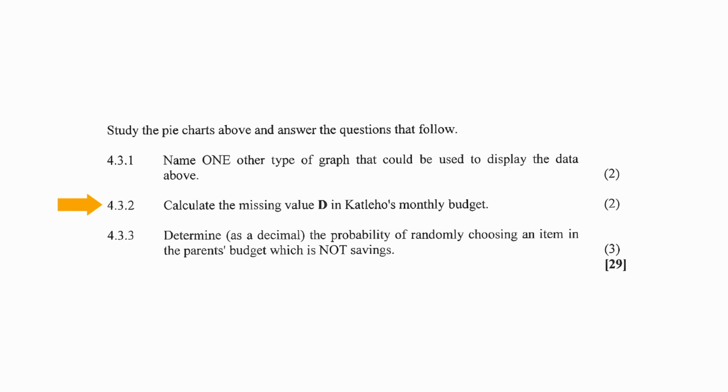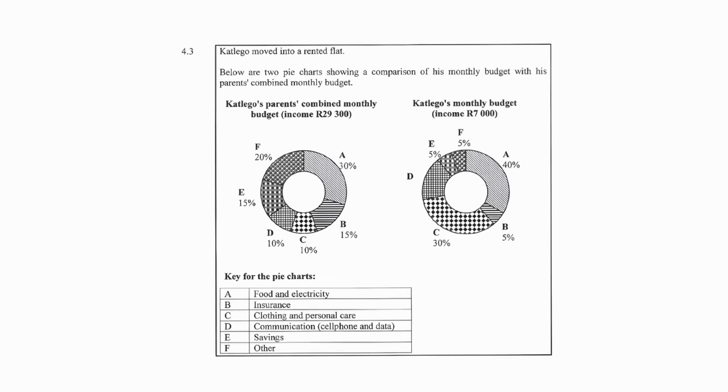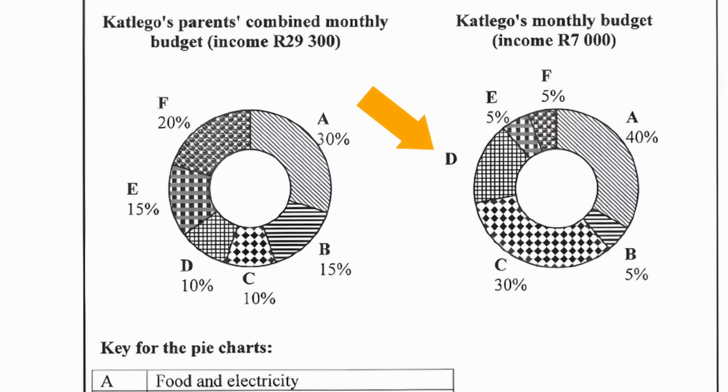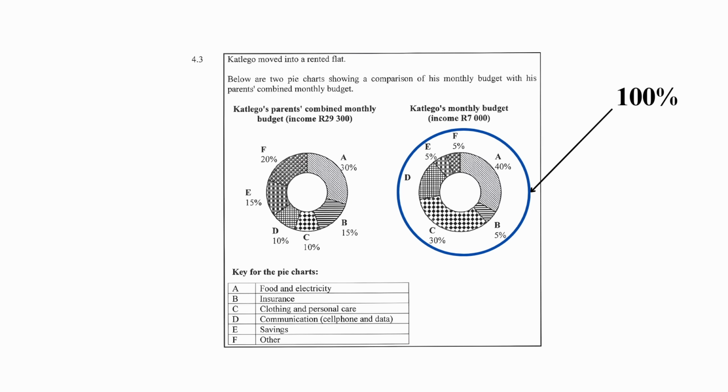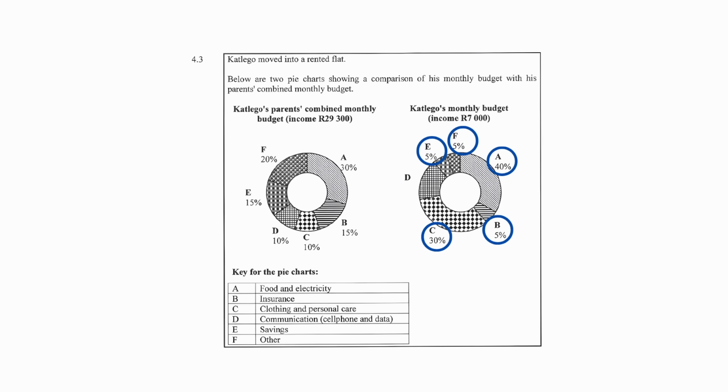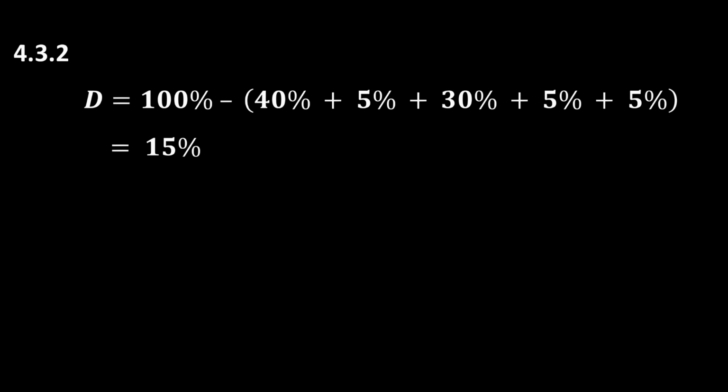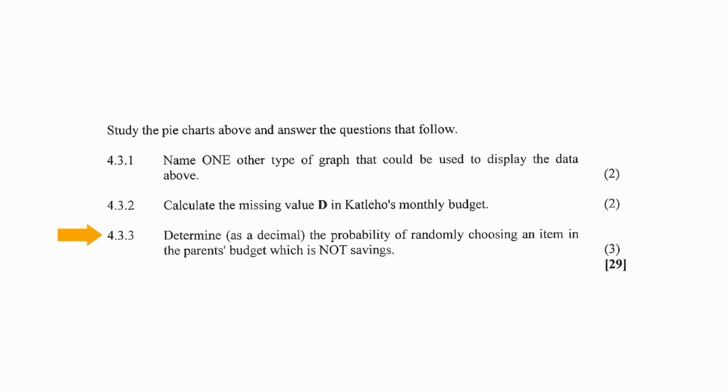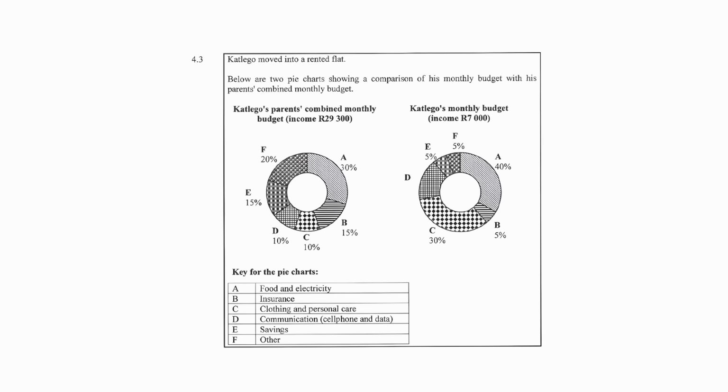In question 4.3.2, you are instructed to calculate the missing value D in Katlego's monthly budget. D equals 100% minus the sum of the other values in the pie chart. This equals 15%. In question 4.3.3, you have to determine as a decimal the probability of randomly choosing an item in the parent's budget which is not savings.